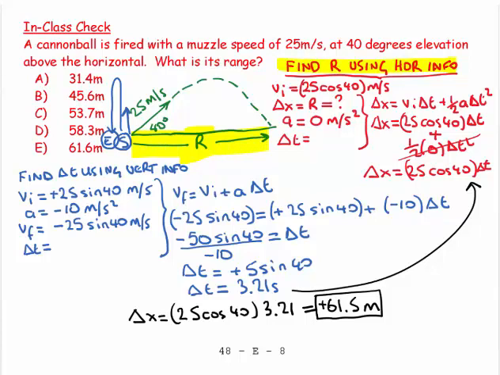And I found that I couldn't solve it because I lacked delta t. And then I said, well, let's look vertically. And that's what I did here. And I tried to solve the problem to find the time using vertical information. And I was successful. And then I simply recombined the two parts.